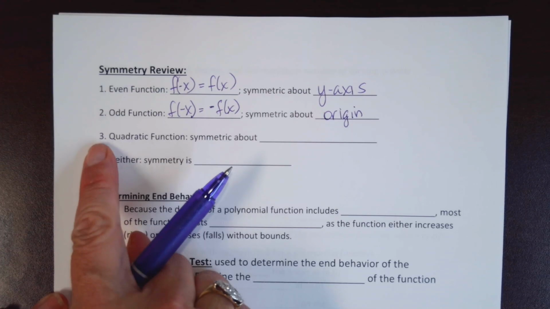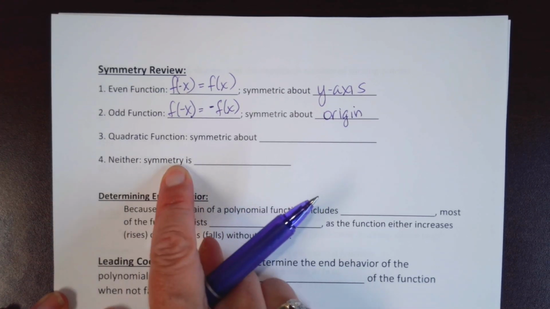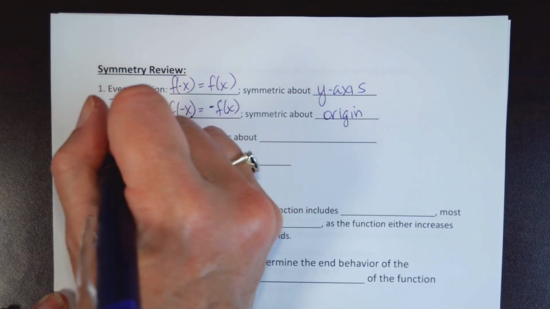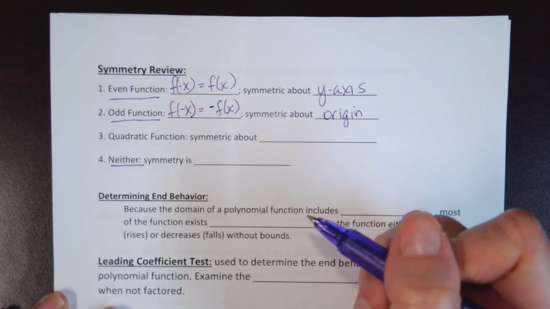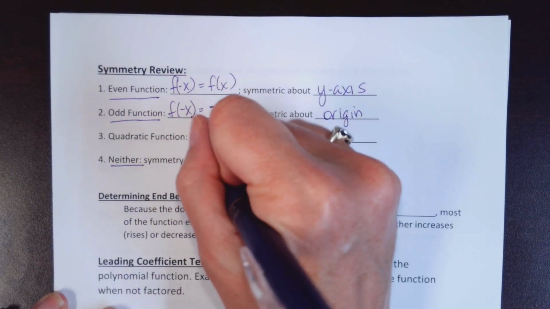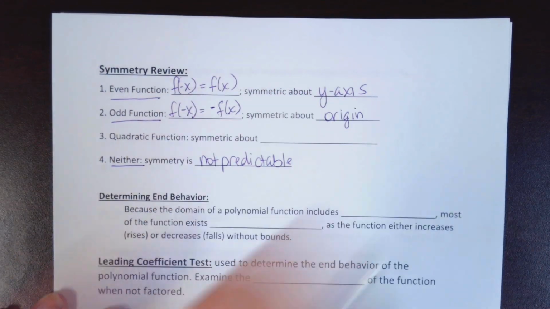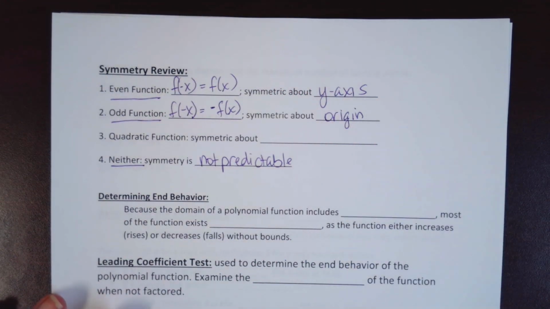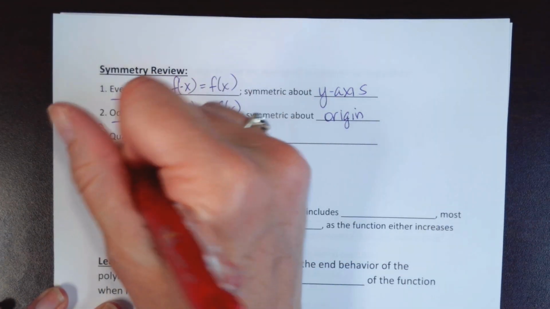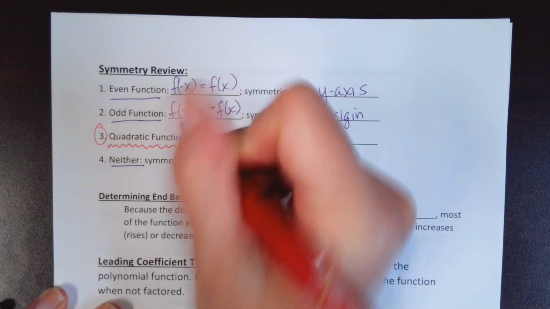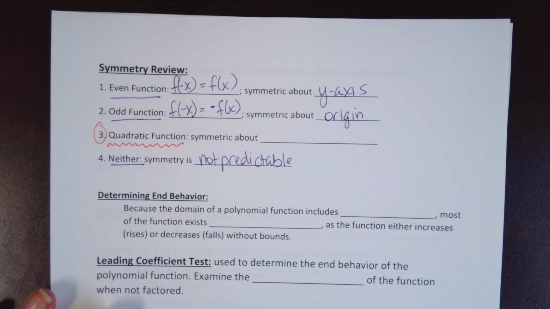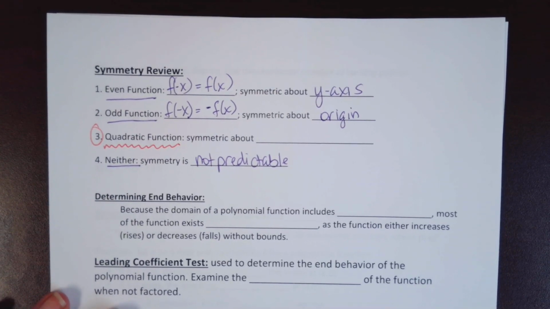Now, always before we skip number 3 and go straight to number 4: if some terms change sign, but not everything changes sign, then my symmetry is not predictable. That's the correct answer there, not predictable symmetry. We have thrown in another case for quadratic functions. In 3.1 we learned about an axis of symmetry based on where the vertex falls, based on that horizontal shift.